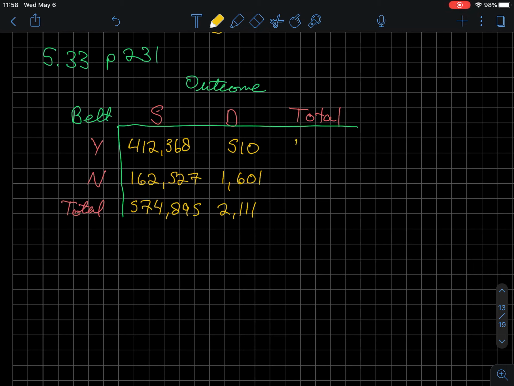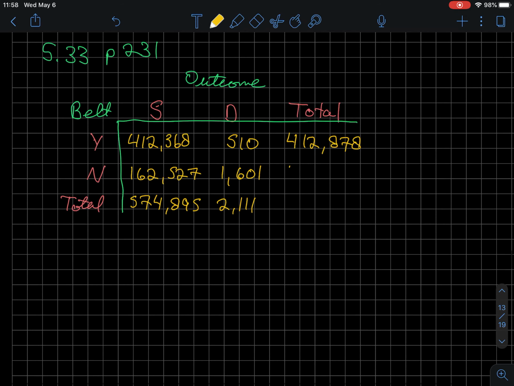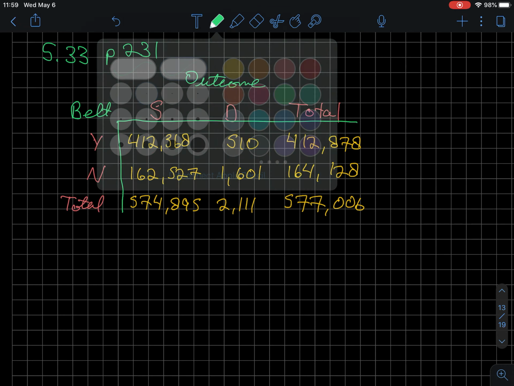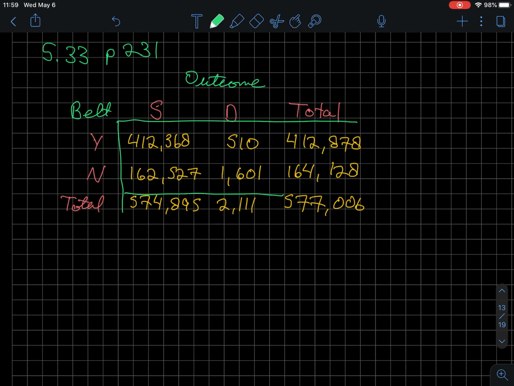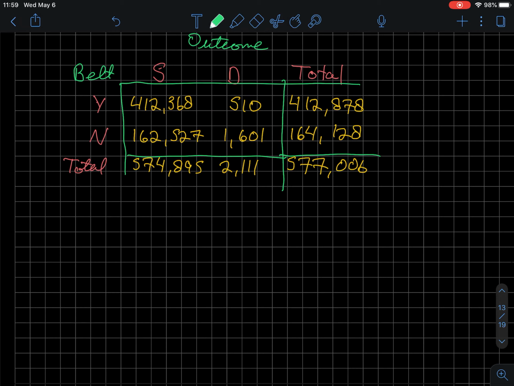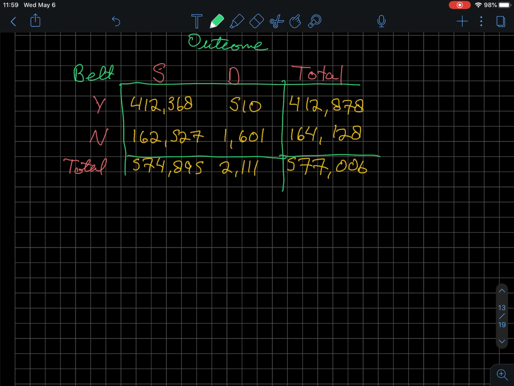And this one is going to be 412,878, 1,64128. And this is going to equal 577,006. Because I like to have this separated, I'm just going to go ahead and do that. You don't have to do it like this, but this is the way that I like to do it. So this is the information that we're working with for this particular problem.